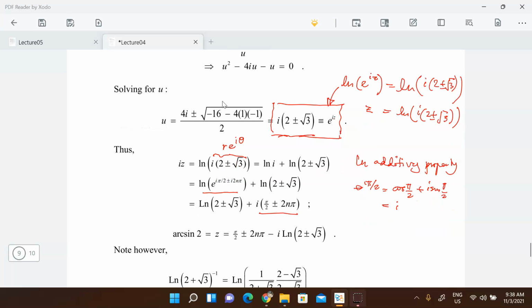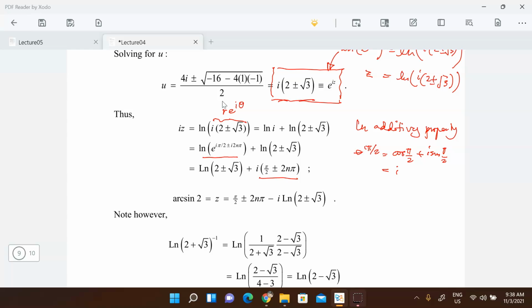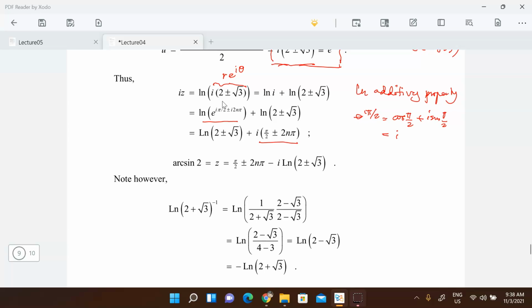So here is another trick that one can use: the log of 2 plus root 3 inverse, which is 1 over 2 plus root 3, the original number.